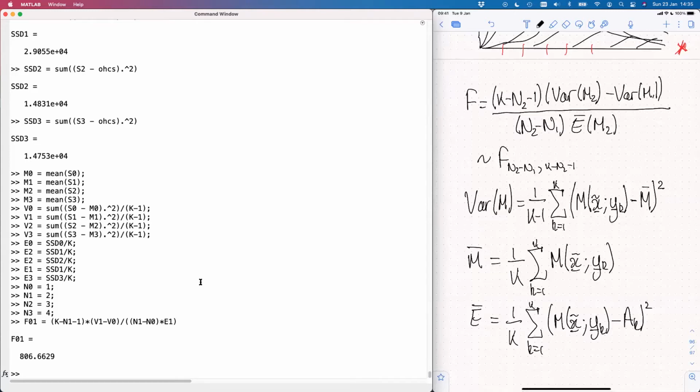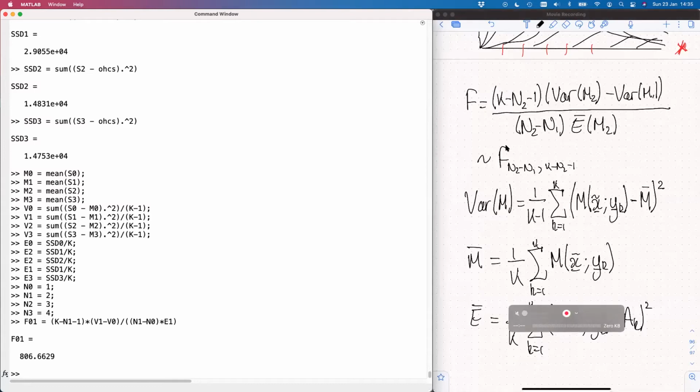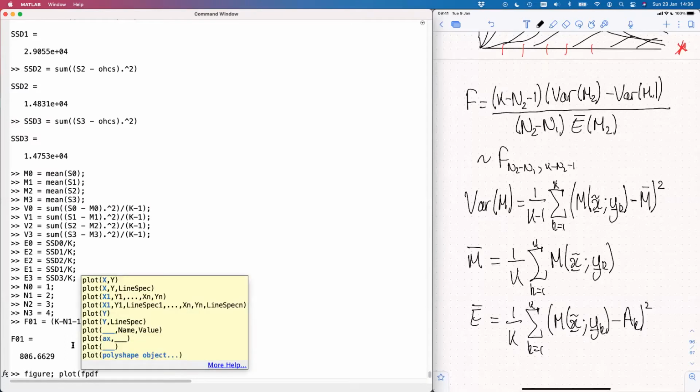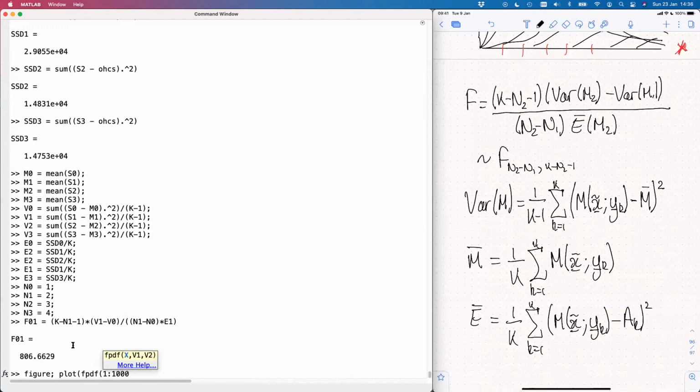Under the null hypothesis, this statistic should follow this F distribution with these two degrees of freedom parameters. Let's have a look at that F distribution. I'm going to create a new figure and plot a range that includes the value of the statistic we just computed, from 1 up to 1000.